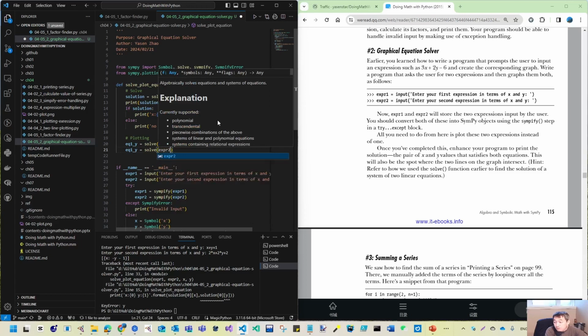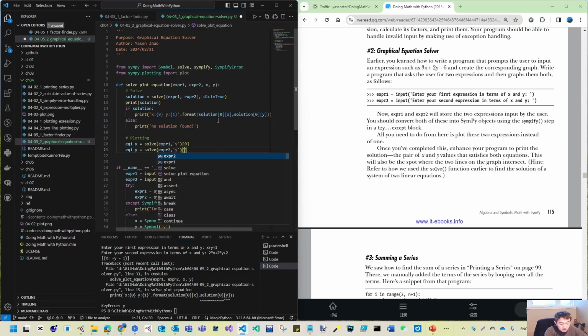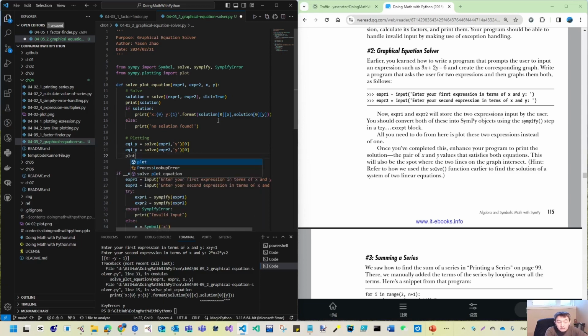So we are preparing the data list for our plotting. This equation always is from the first element. Then we can do the plot: equation 1 y, equation 2 y, and then we give a legend because we have 2 charts. It's better not to forget about this.